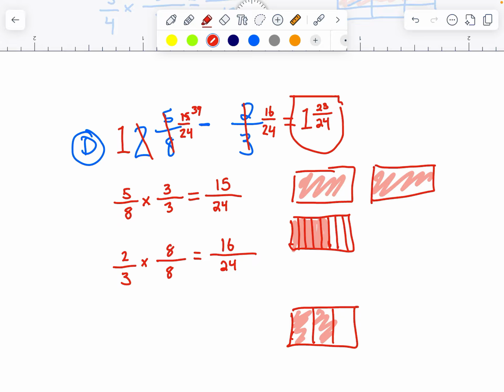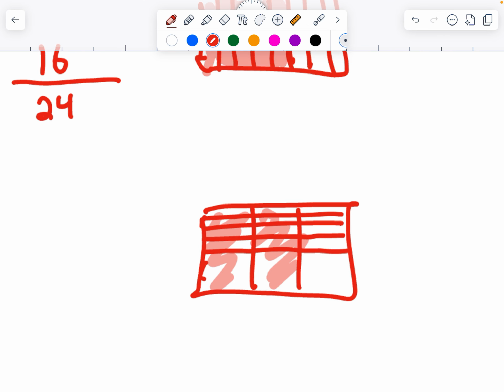So the first thing I'm going to do with this 2/3 is I'm going to cut it into 8ths. I'm going the other way. 1, 2, 3. Ooh, it's getting ugly. I'm going to scroll in a little bit just because it helps me. 1, 2, 3.